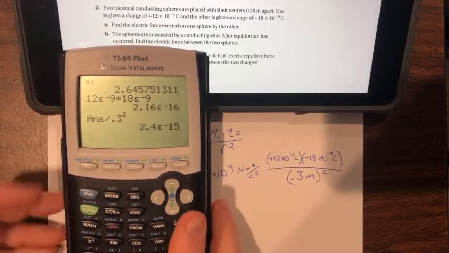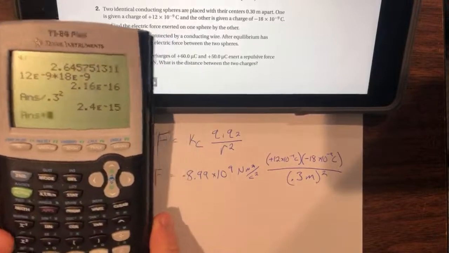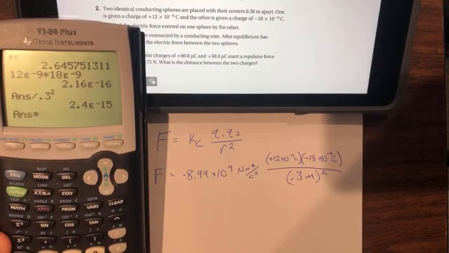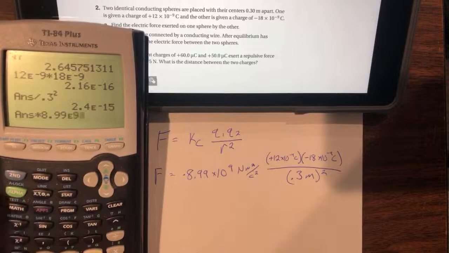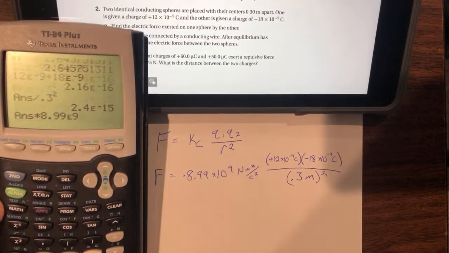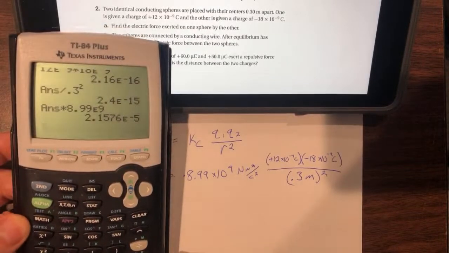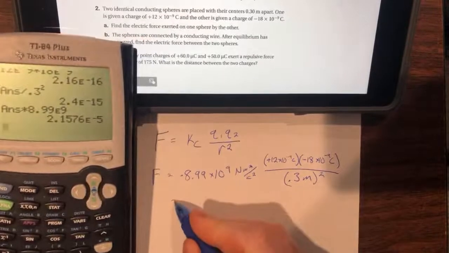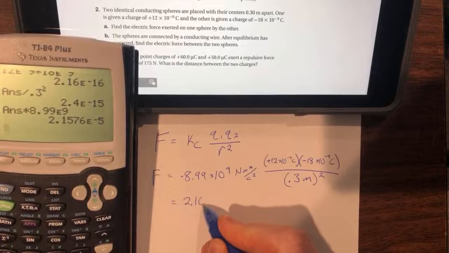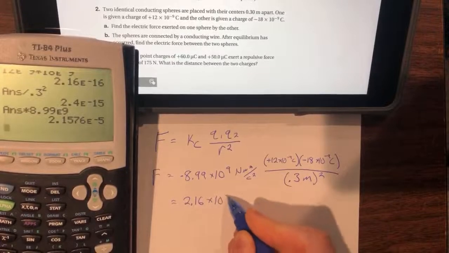Okay, and then we're going to multiply by our constant here, 8.99 times 10 to the 9th. And that's going to get us 2.16 times 10 to the minus 5.